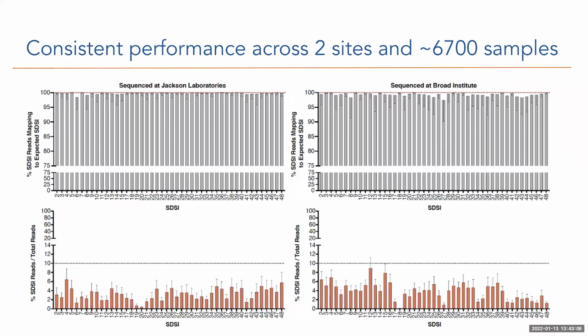We put them into our pipeline and kept an eye on their performance over the next 3 to 4 months. That gave us, through the winter and spring of 2021, about 6,700 data points of how well these were doing.